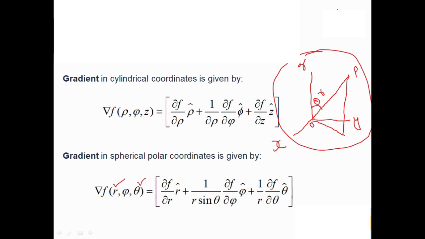The angle between the x-axis and this line OQ would be your phi. So that's your conversion from the Cartesian system. This is the del operator, the gradient of a function in terms of spherical polar coordinates.